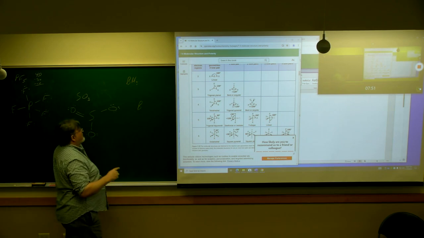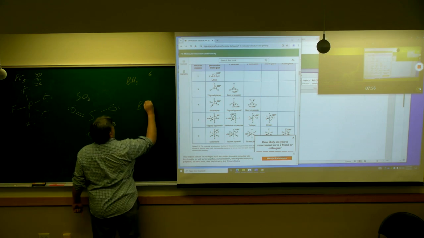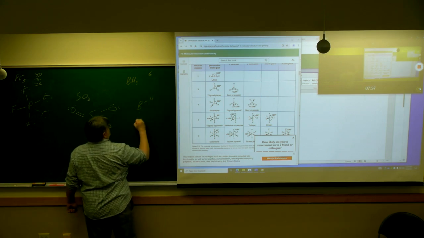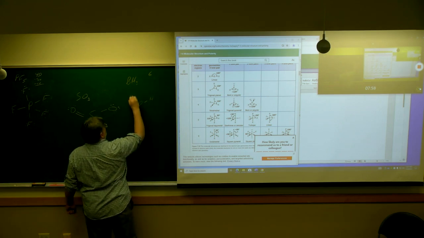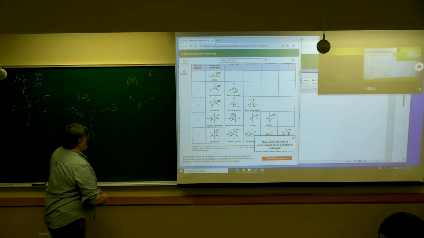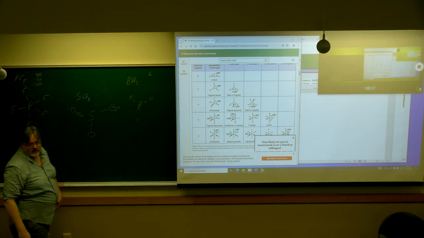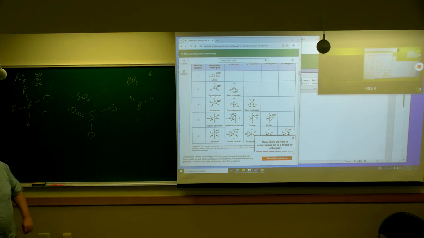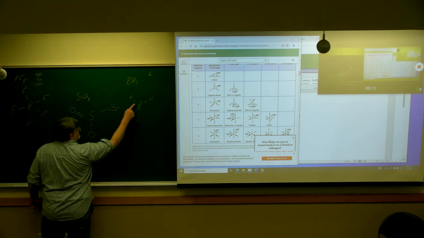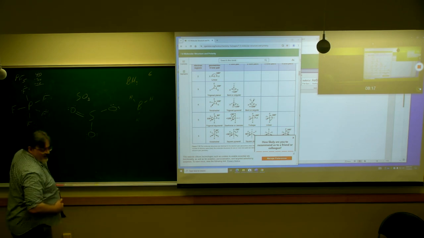And then 1 each for hydrogen. So we have 6 total. 2, 4, 6, that's it, that's BH3. Notice it doesn't have an octet around it, but you still stop there because boron can only have as much as 6 around it, and hydrogen can only have as much as 2 electrons around it.